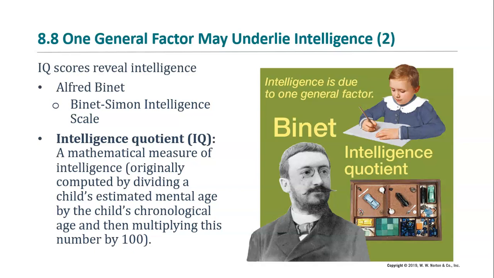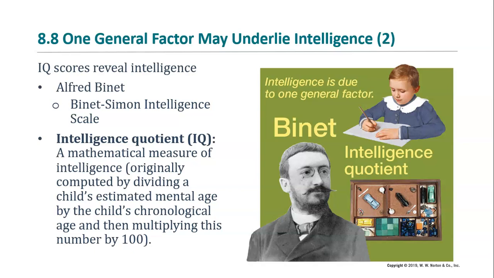So, for example, if a child had a mental age of 6, but their chronological age was 4, that would be 6 divided by 4, which is 1.5, and you multiply that by 100, and it's an IQ of 150.